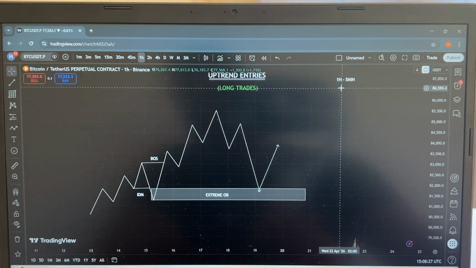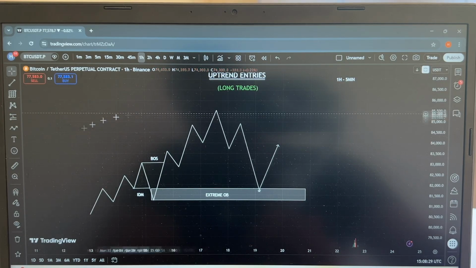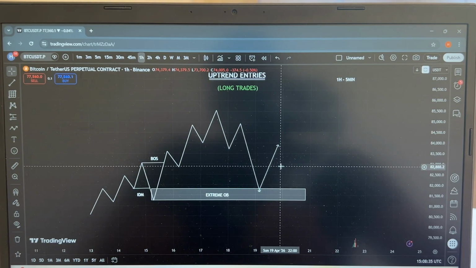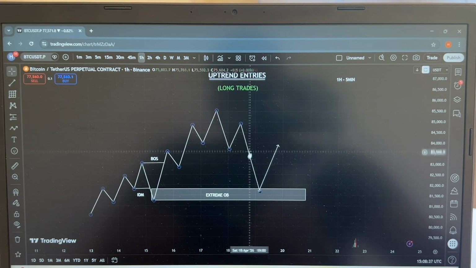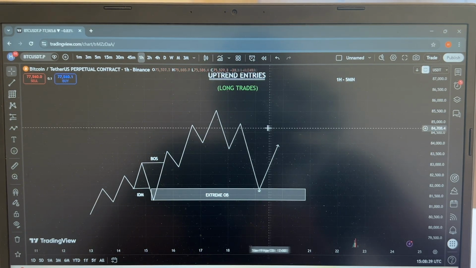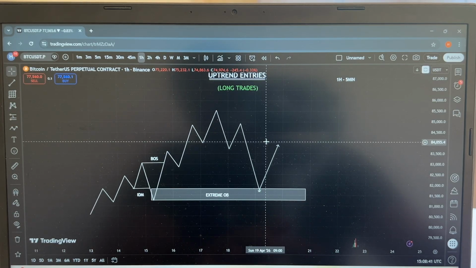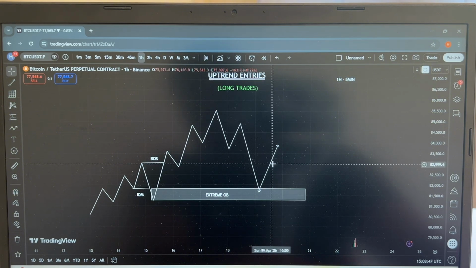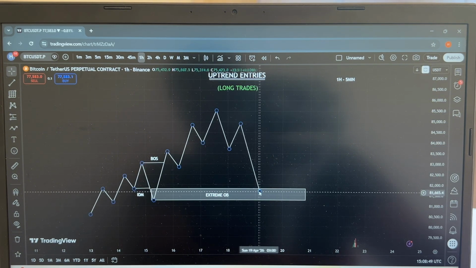That's why I said we draw this in a higher time frame, and that's why we go to a smaller time frame to get the confirmation. This is shown in the 1 hour time frame, so there's no confirmation to be seen in the 1 hour time frame. Then we go to the 5 minute time frame, and then we see clearly.